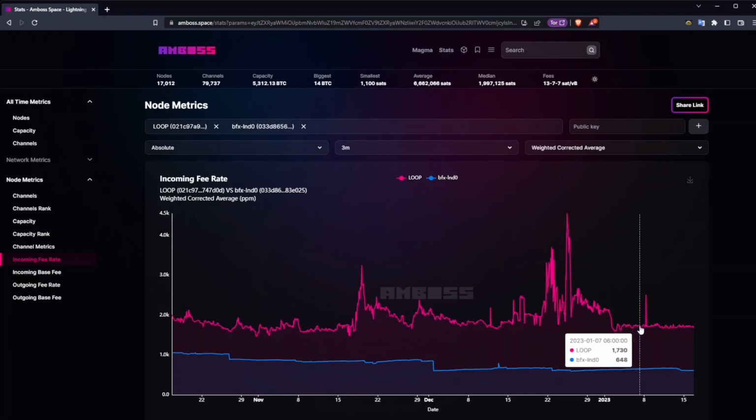Now, you'll be earning fees as payments start routing to Loop. And so that's going to eat up that inbound liquidity that you generated by depositing to Bitfinex. So basically deposit at the 600 ppm and then route transactions to Loop at 1700 ppm.